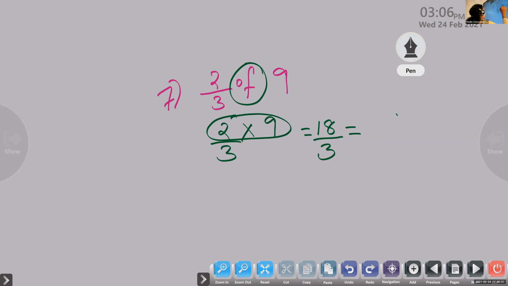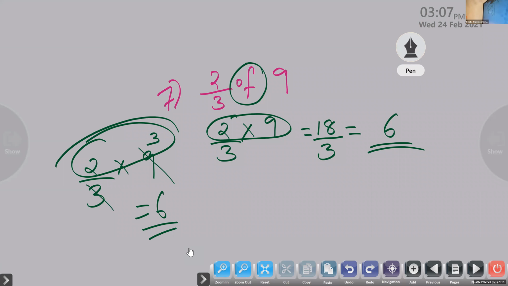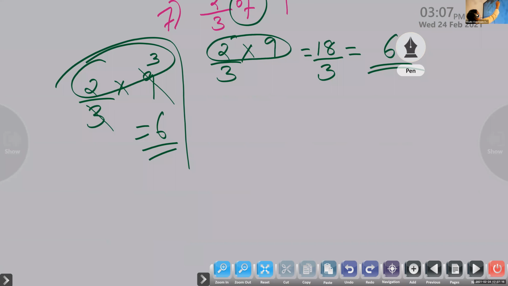So the answer is 6. With the cutting method, see how we can do 2 by 3 into 9. 3, how many times in 9? 3 threes are 9. Then you multiply 2 and 3, 2 threes are 6. So any method, children, whether you multiply the numerators together or use the cutting method, the answer is the same.